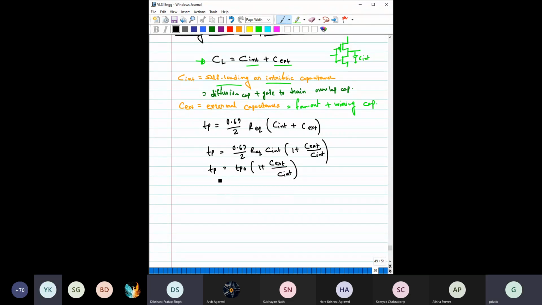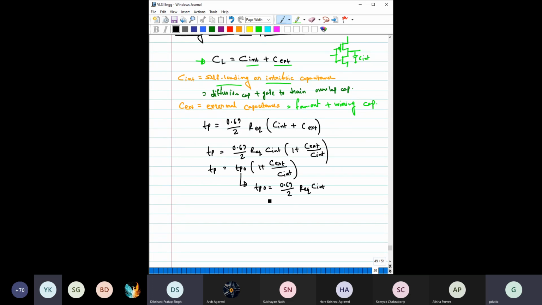TP is equal to TP naught into 1 plus C external by C intrinsic, right? Here TP naught is equal to 0.69 R equivalent into C int.